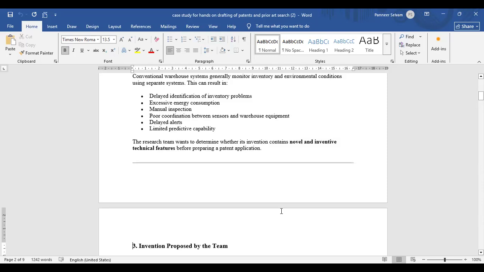Such a separation may result in delayed identification of inventory problems, excessive energy consumption, manual inspection, poor coordination between sensors and warehouse equipment, delayed alerts, and limited predictive capability. Therefore, the research team wants to determine whether its specific technical integration and control mechanism contains novel and inventive features that may support patent protection.